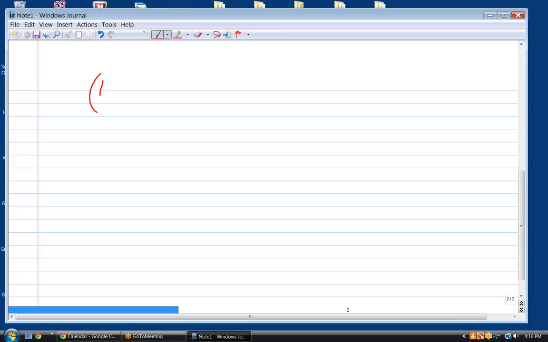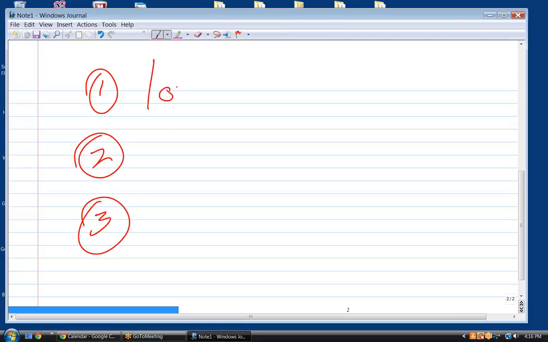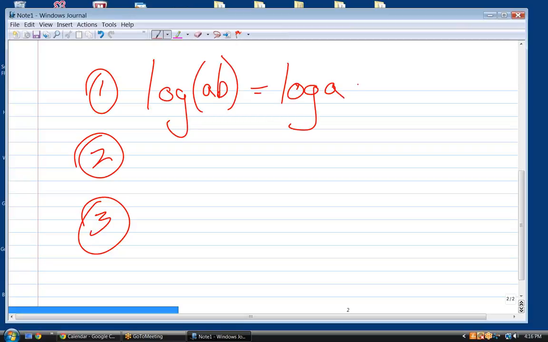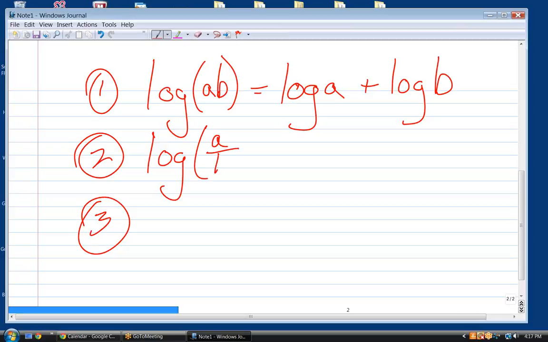Let's talk about that. The 3 most important equations regarding logarithms. One is this one. If you have the log of 2 things that are being multiplied together, then that's equal to the log of one plus the log of the other. If you have the log of 2 things that are being divided, that equates to subtraction.